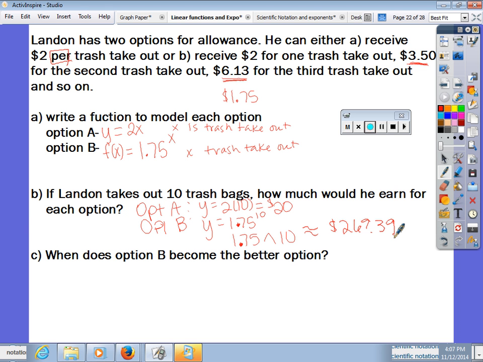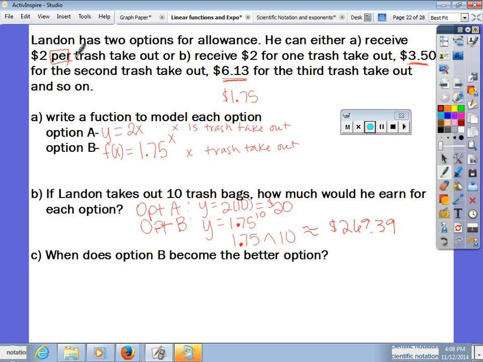Okay, so part C. When does option B become the better option? Would it be after the first trash takeout, second, third, or which one? Okay, the first one, Landon is getting $2 for option A. Here he gets $2 for option B, so that's the same.